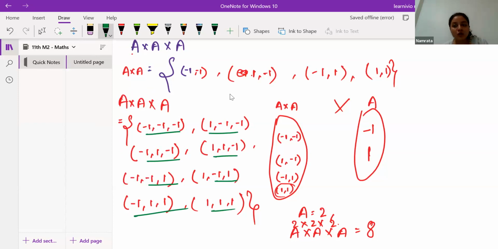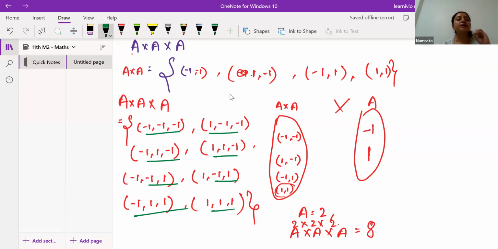So this is how we are finding one of the things, that is total elements. Another thing we are finding is the Cartesian product. If the Cartesian product is asked, you have to list down everything, whatever we have listed down. You have to read the instruction carefully.